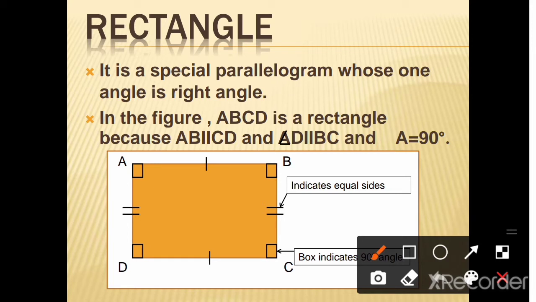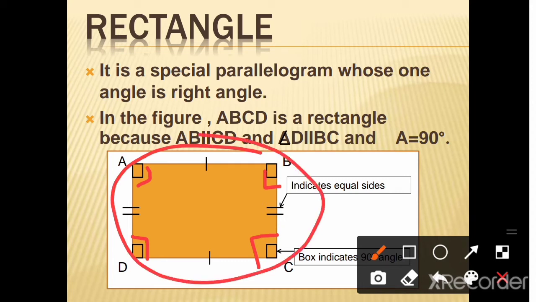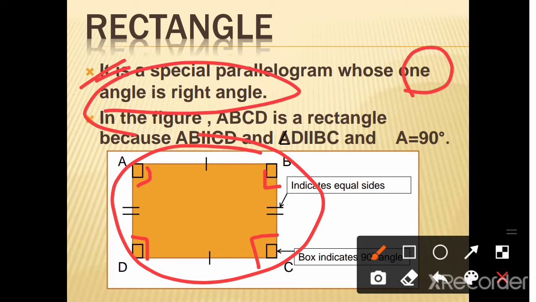A rectangle is a special parallelogram whose one angle is a right angle. This is a special type of parallelogram because a rectangle is also a parallelogram. The condition of a parallelogram is that opposite sides are parallel and opposite angles are equal, and this property is fulfilled in the case of a rectangle.